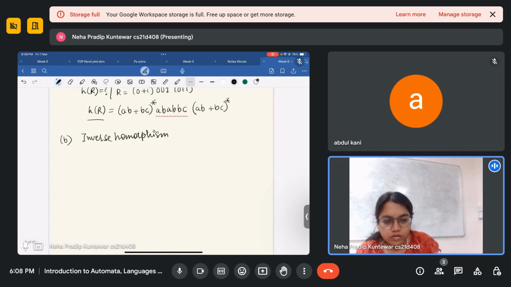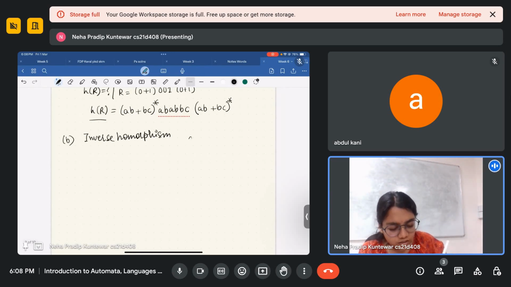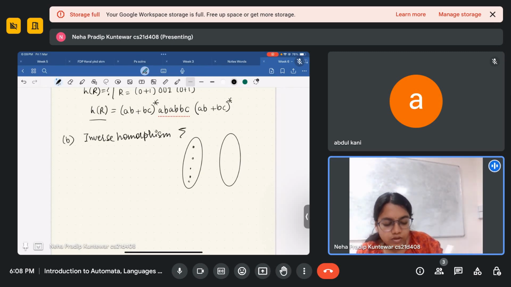Okay, so if you view this as a function, then this basically takes some strings from your alphabet over sigma, and it replaces them with strings over delta, and that's what happens.